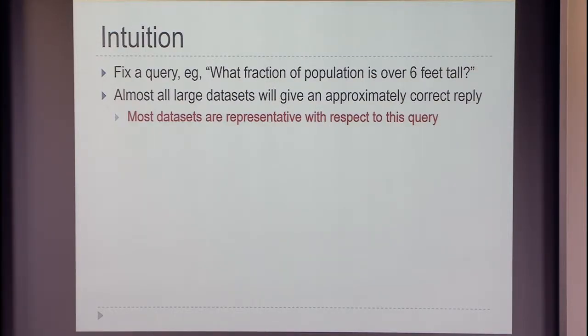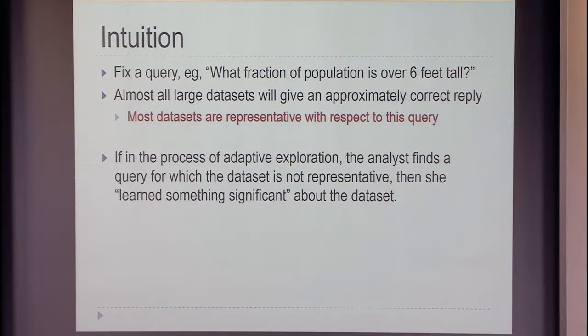Go out, find a data set, you're likely to get a good answer, an answer that's representative of the population as a whole. Now suppose in the process of adaptive exploration, the analyst came up with a query for which the data set is not representative. Then in some really concrete sense, she learned something significant about the data set.